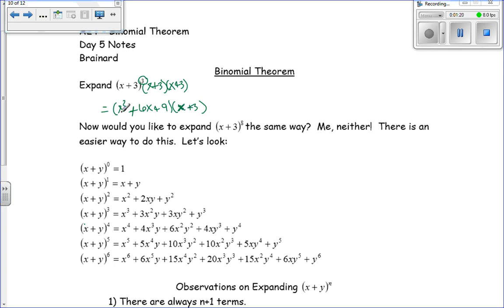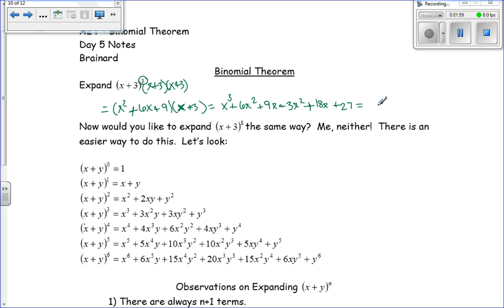So x times x squared is x cubed. x times 6 is plus 6x squared. x times 9 is plus 9x. 3 times x squared is plus 3x squared. 3 times 6x is plus 18x. And 3 times 9 is 27.